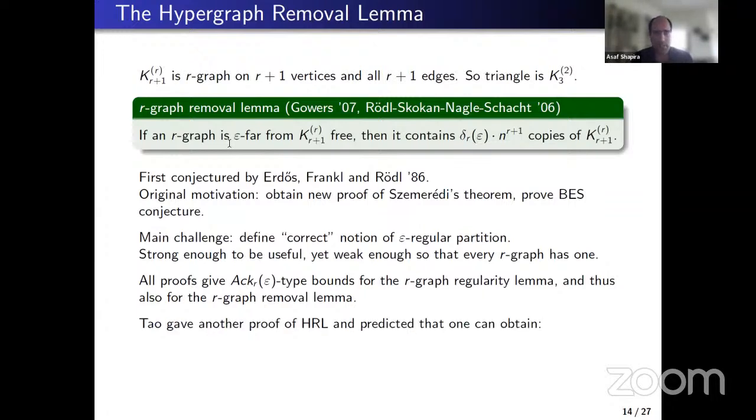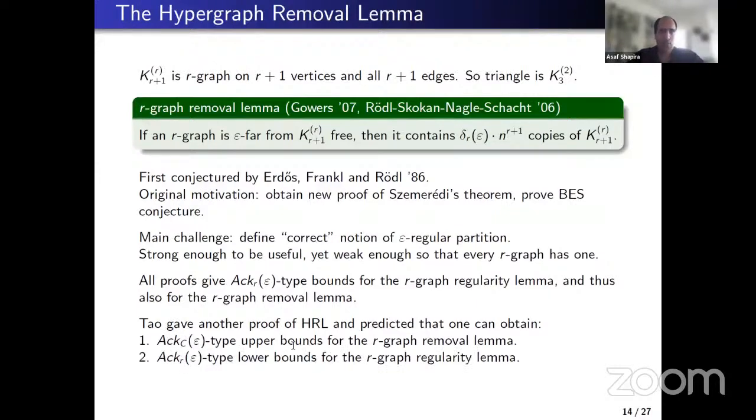And later, Tao gave another proof of the hypergraph regularity lemma and removal lemma, and he predicted two things. First of all, that it should be possible to obtain primitive recursive bounds for the r-graph removal lemma, meaning that there is an absolute constant C, independent of r, such that the bounds for the r-graph removal lemma are in the fixed level C of the Ackermann hierarchy.